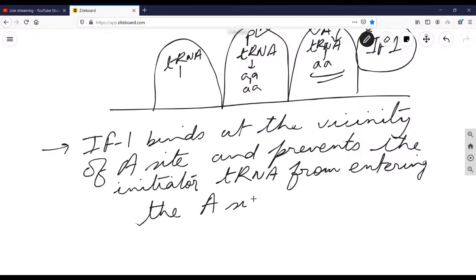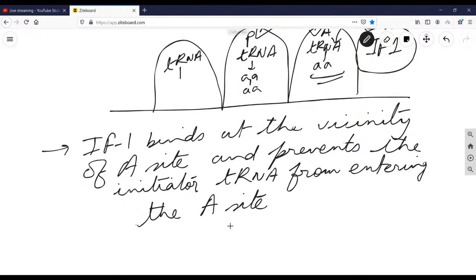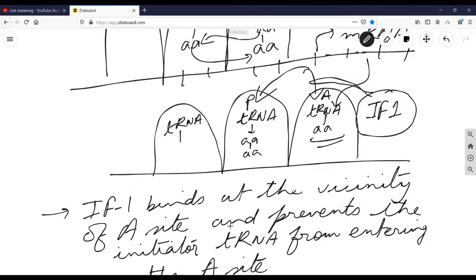So it does one reinforcement thing: it aids in the process of not letting the initiator tRNA enter the A site.